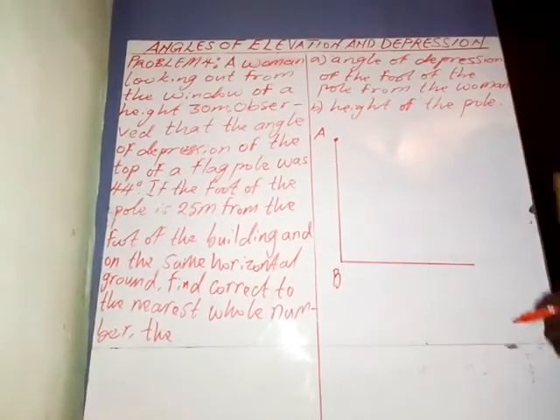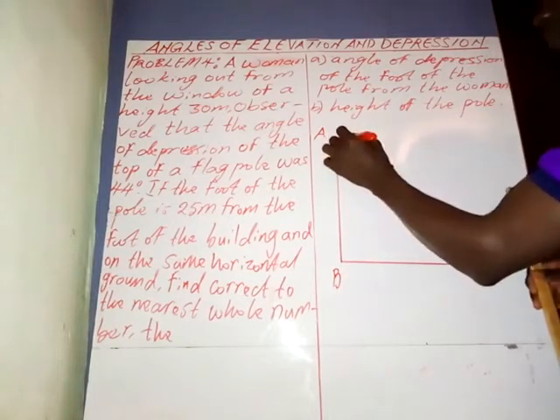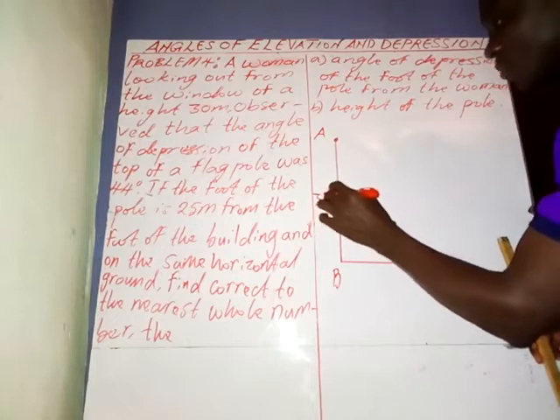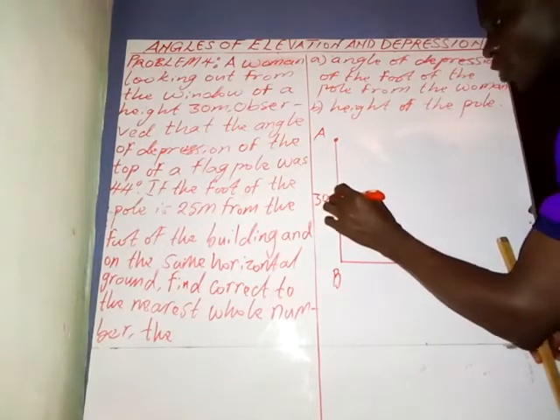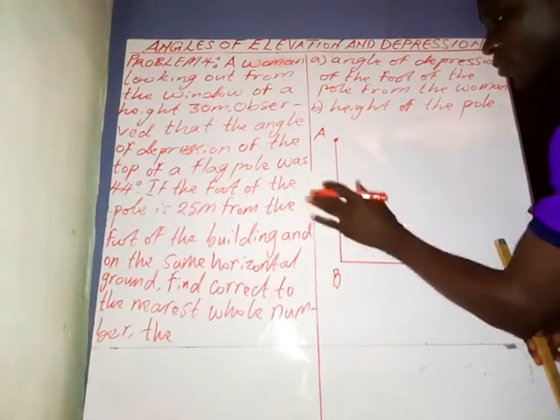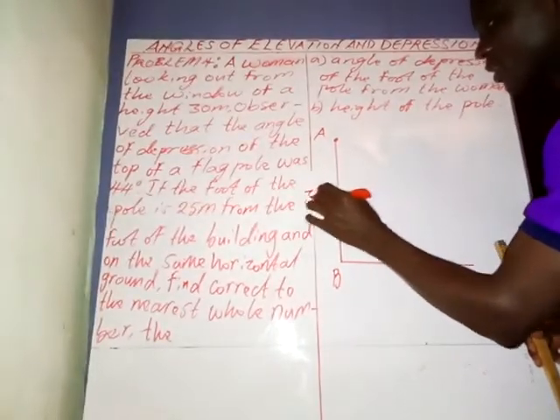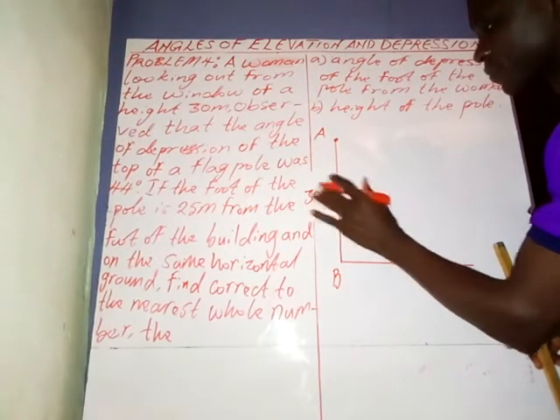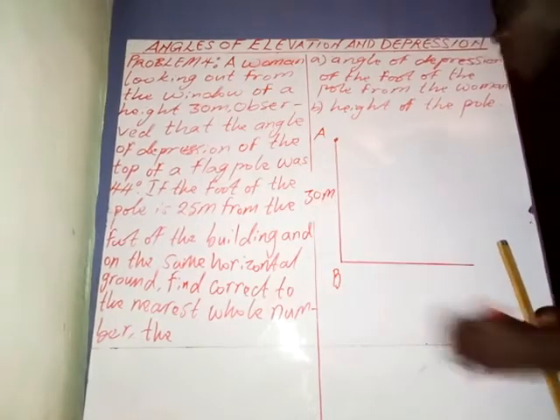Then the woman is here, and the height of the building is 30 meters, as said in the question. All right.